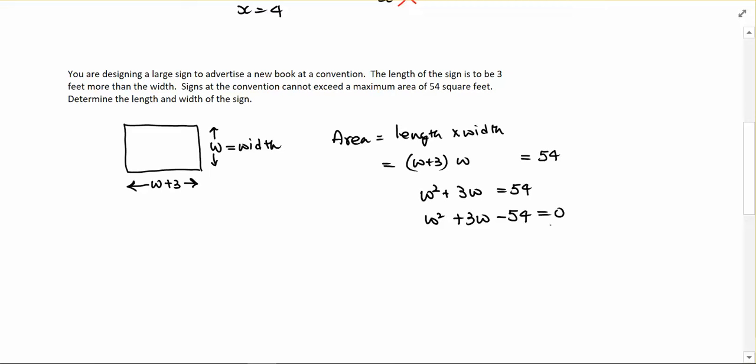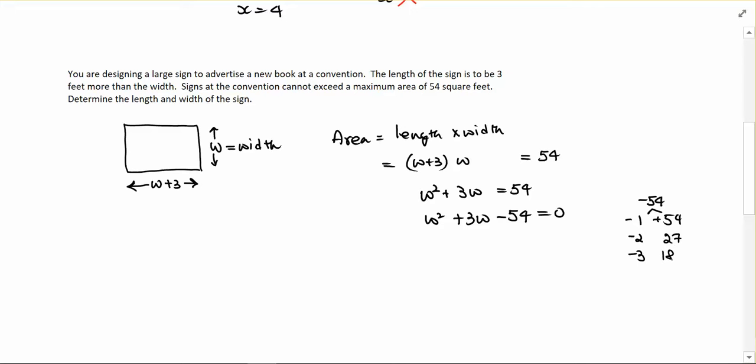And now we are after numbers that multiply to negative 54 while adding to be positive 3. So negative 54, clearly 1 and 54. Let's set up the signs. This will have to be positive, that will have to be negative. Okay, that doesn't work. 2 and 27, still too far apart. 3 and 18, getting closer.